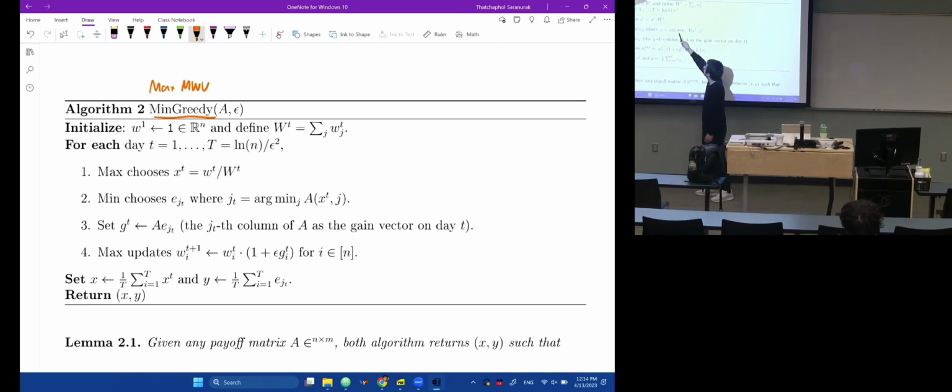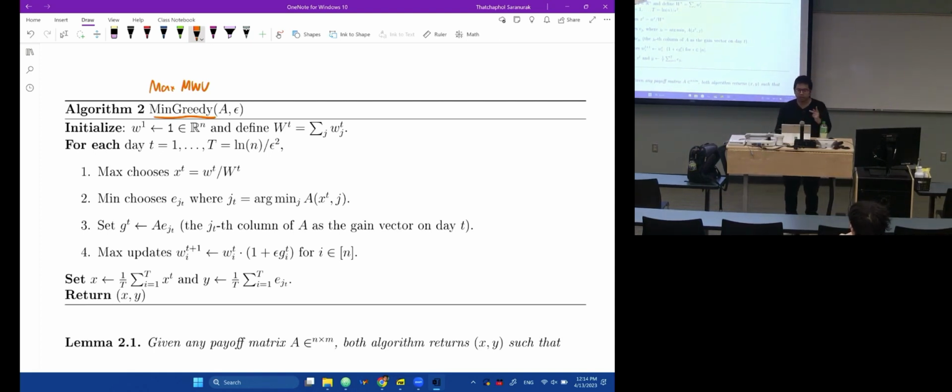So choose a min column, a response to x_t. And that column, you think of it as a gain vector for the max player, and the max player will just update the weight. Well, just the same thing like before. So just switch the roles.